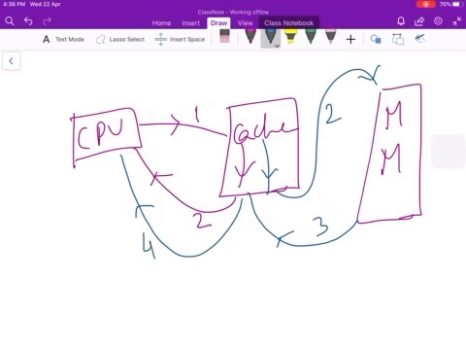Now see how many times it will take this path: as many times as there is a miss, right? So it is not the whole thing, it depends on the miss rate, right?